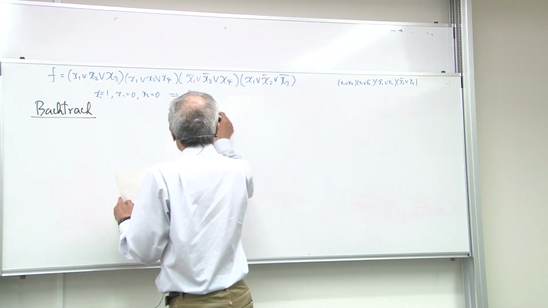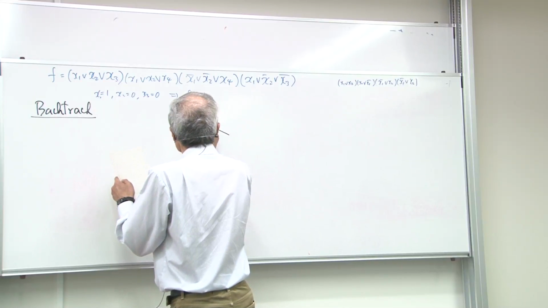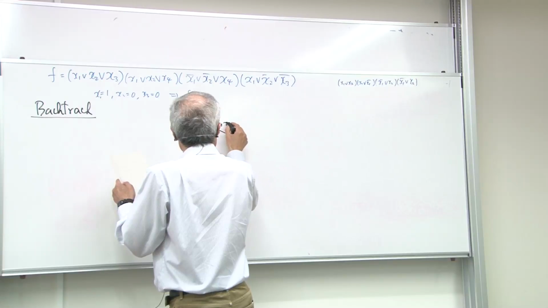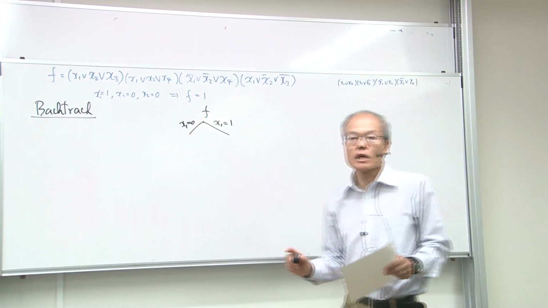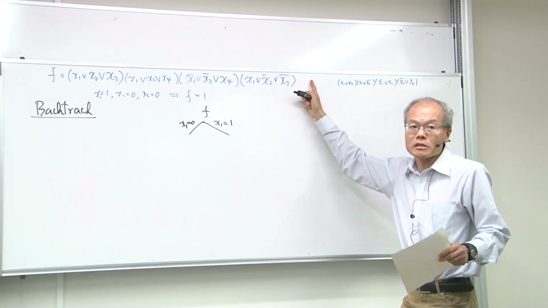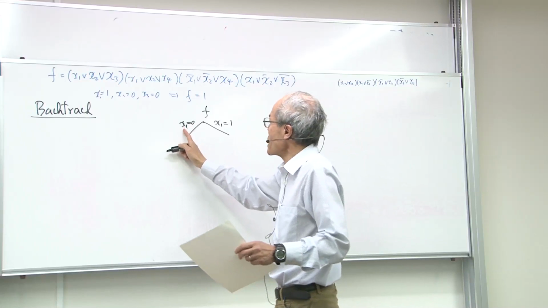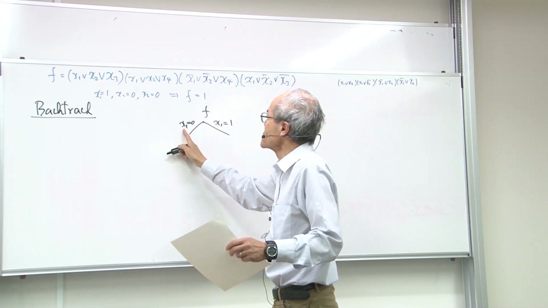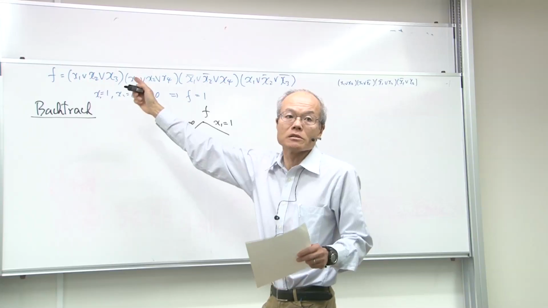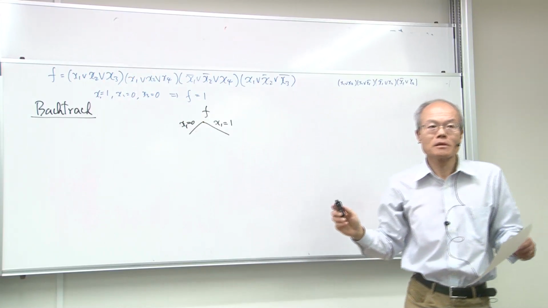So we are given F, then just x1 is equal to 0, x1 is equal to 1. So we check two cases. So suppose that this is your formula. Then if you assign x1 is equal to 0, then this formula changes. This formula becomes a bit simpler.